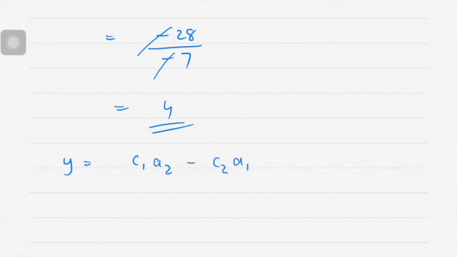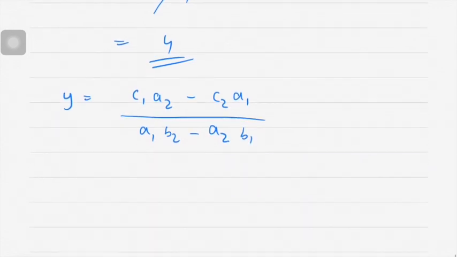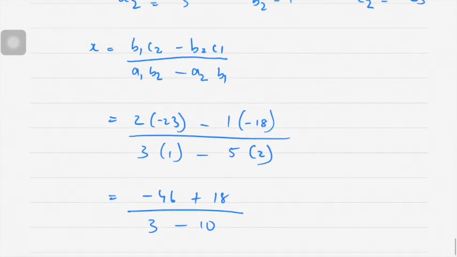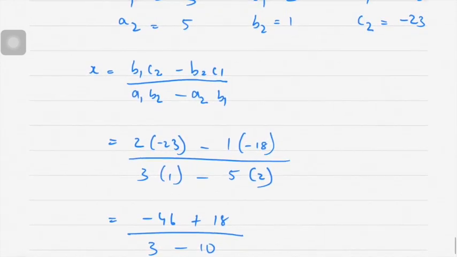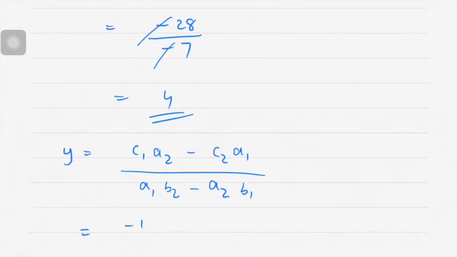y is equal to C1 A2 minus C2 A1 upon A1 B2 minus A2 B1. So my C1 is, please substitute and find the value. C1 is minus 18.